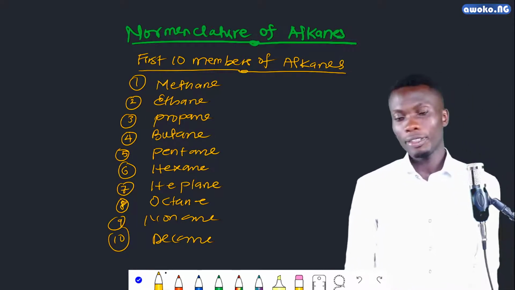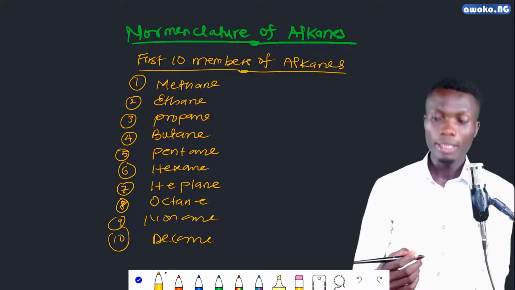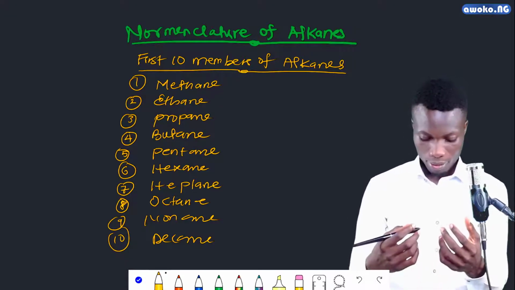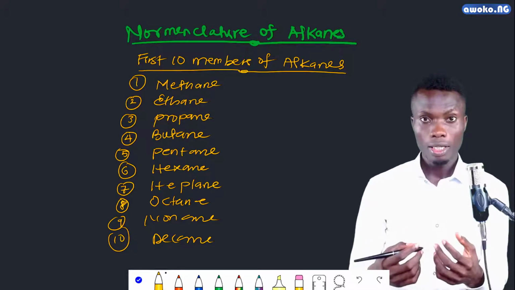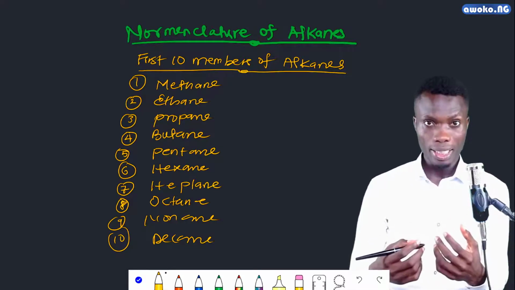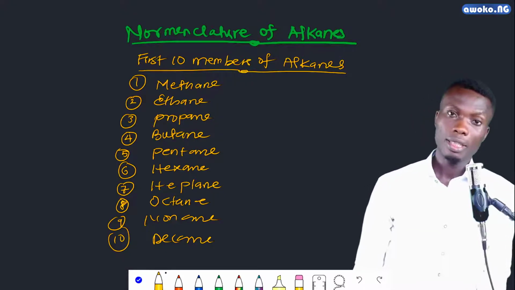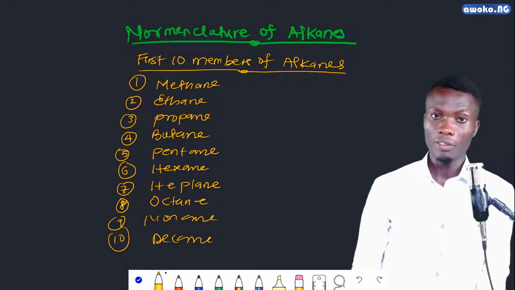So these are the first 10 members of alkanes. We have methane, ethane, propane, butane, pentane, hexane, heptane, octane, nonane, and then we have decane. In our last class, you refer back to that video, I tried to give us the structures of each of these members of alkanes.